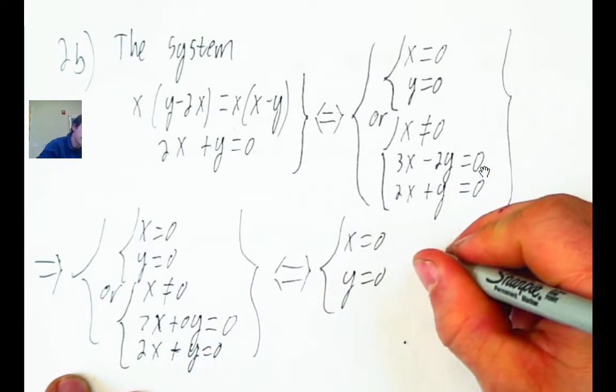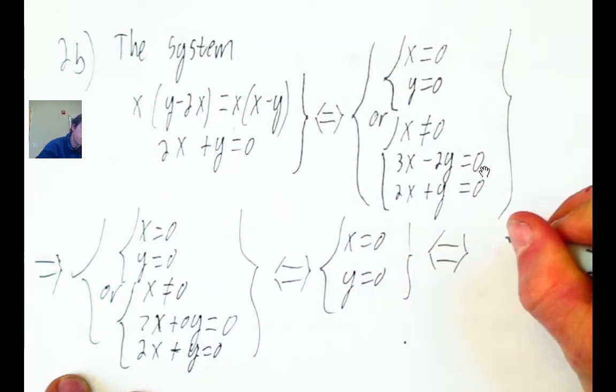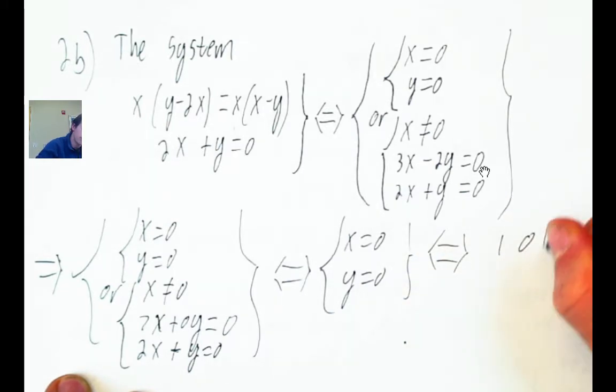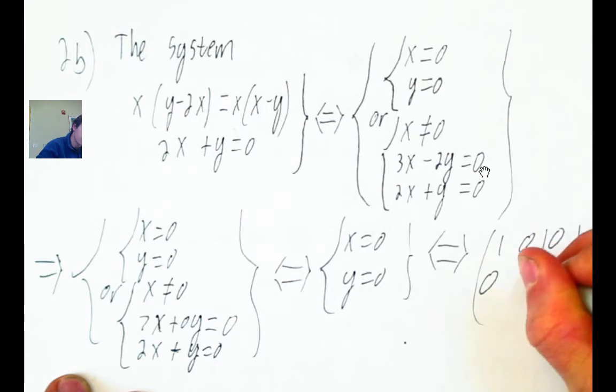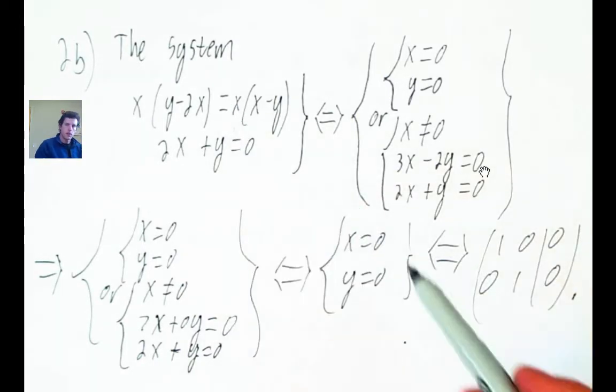And that is equivalent to the augmented matrix 1, 0, 0, 0, 1, 0. Okay, so the answer is yes, the system is indeed equivalent to a system that can be put in augmented matrix form.